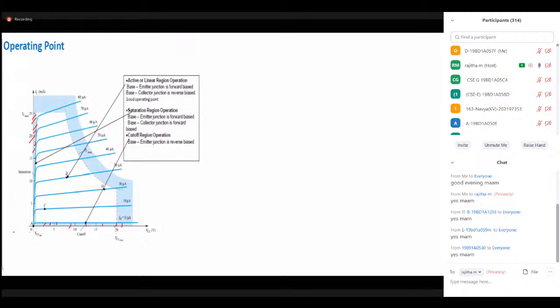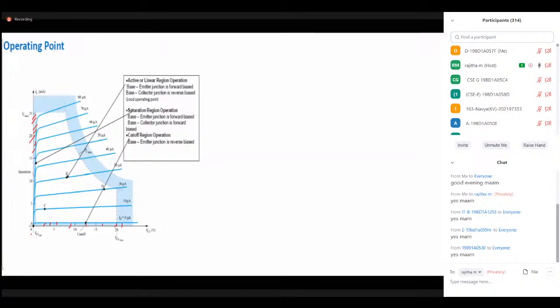Moving to the left side, our output voltage VCE becomes negative. When it becomes negative, the base to collector junction becomes forward biased. When the output junction and the input junction are both forward biased, the transistor operates under saturation.